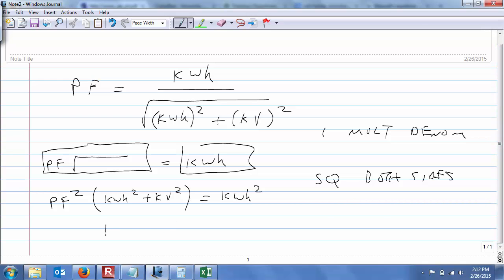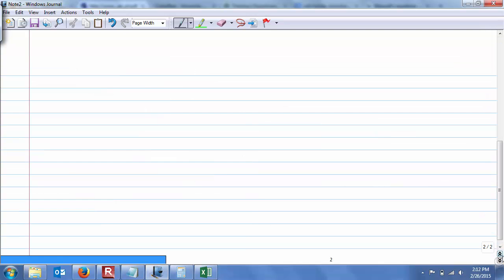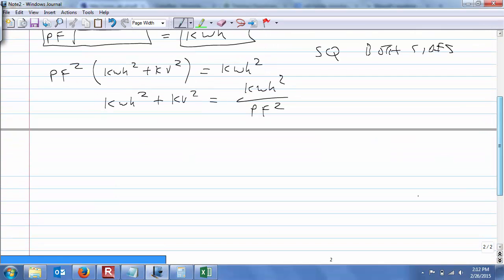So now we've got kilowatt hours squared plus KV squared equals kilowatt hours squared over power factor squared. So now I've got KV squared equals kilowatt hour squared over power factor squared minus kilowatt hour squared.